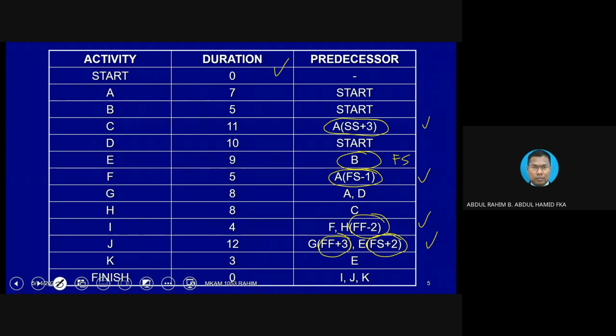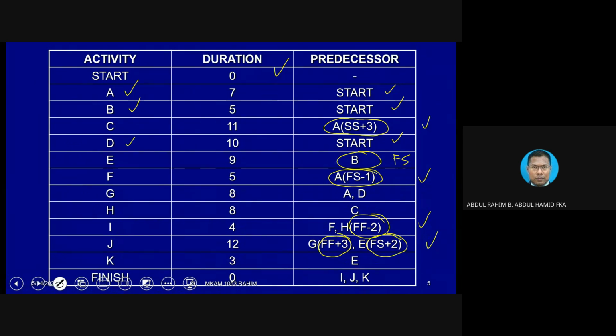Okay, now we are going to construct. You know the milestone Start has 3 activities connected from it. So you know A, B, and D are the starting activities, connected from the start.